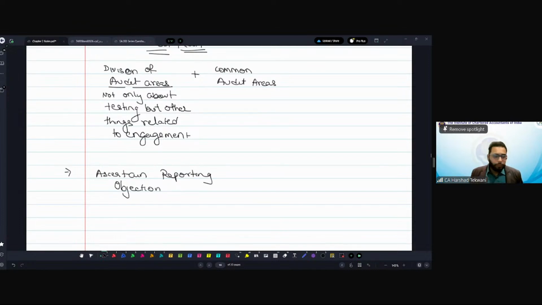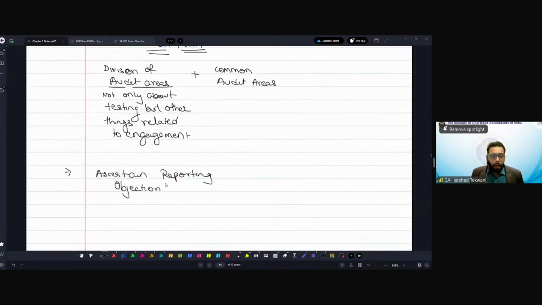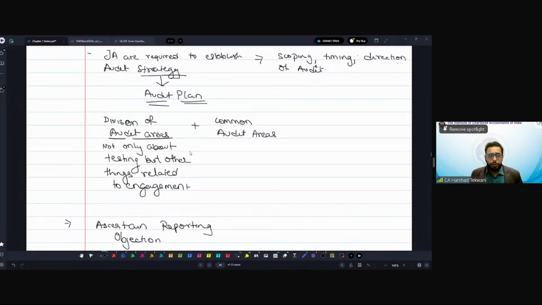Now scope is done, strategy is done, communication requirement is done. What else do you think the joint auditors are required to discuss? Anything you might think the joint auditors should discuss?